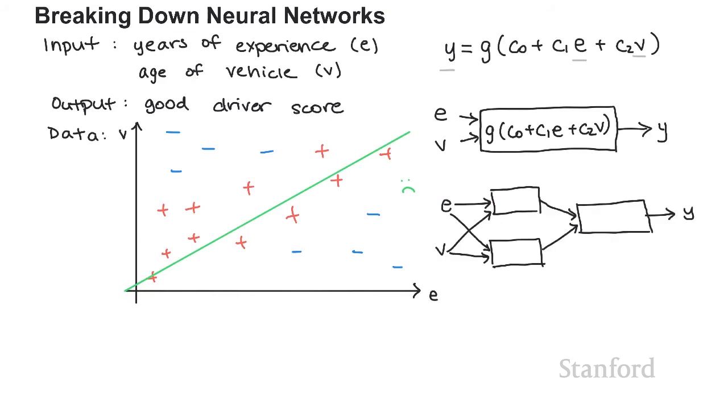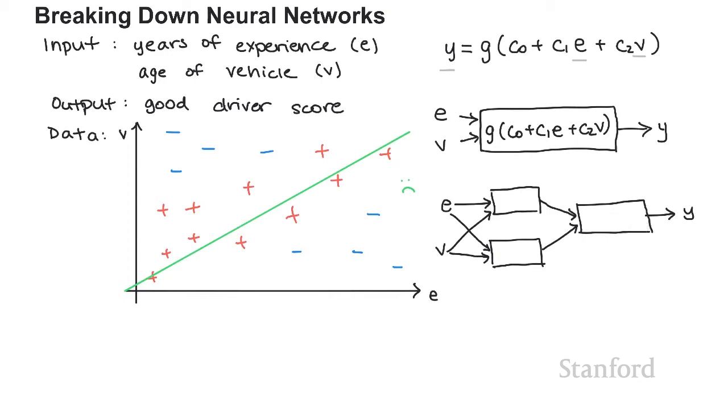We have three similar units that are chained together, and the units in the first layer all look very similar to this because they both take in E and V, and this one also takes in E and V. But this one's a little bit different because it's in the second layer.